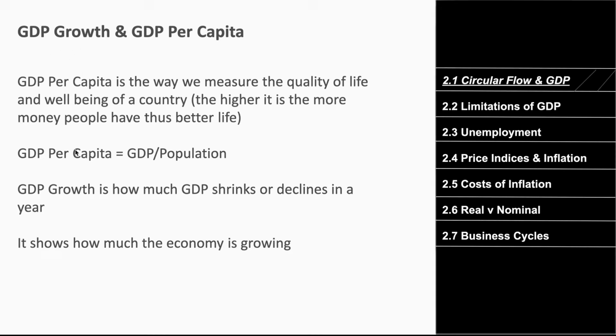What is the GDP per capita? The GDP per capita is the GDP divided by the population. So a higher GDP per capita means that one individual is going to produce more for the economy than another. So let's compare. The United States has about a GDP per capita of, I believe, $70,000 per person.